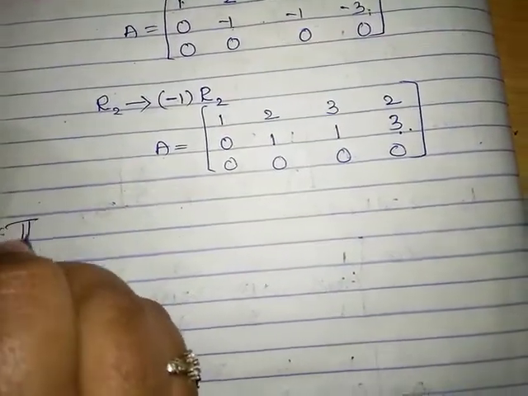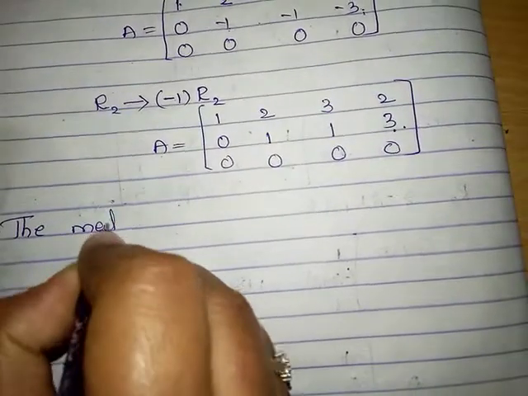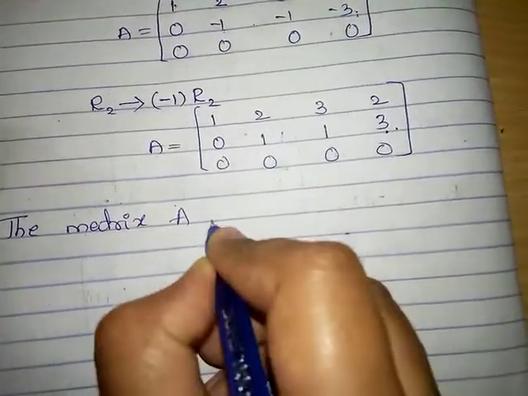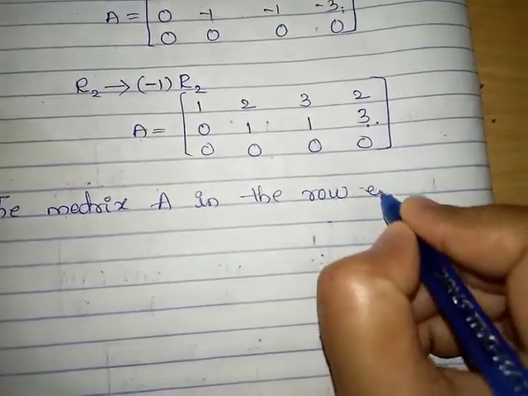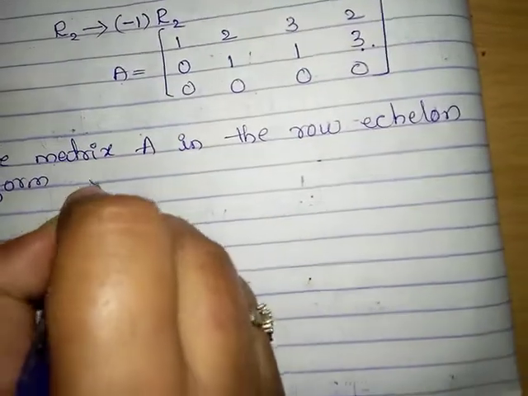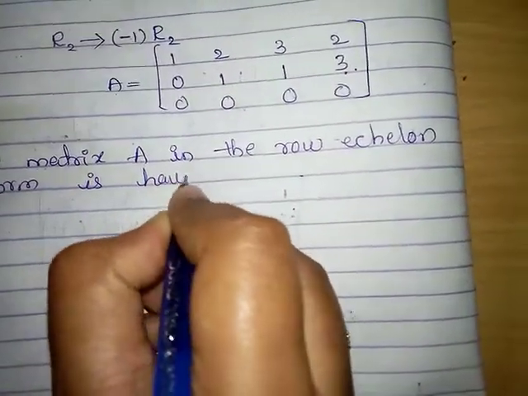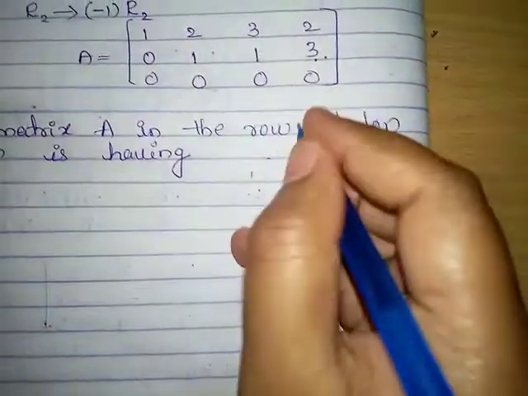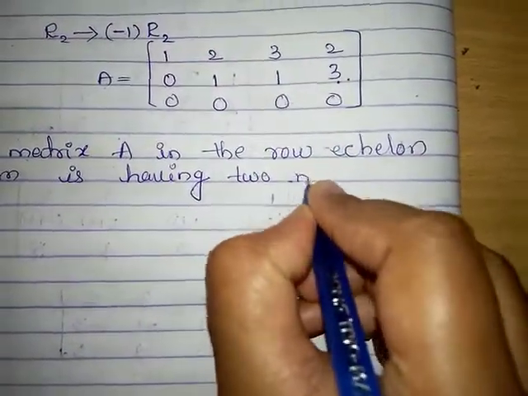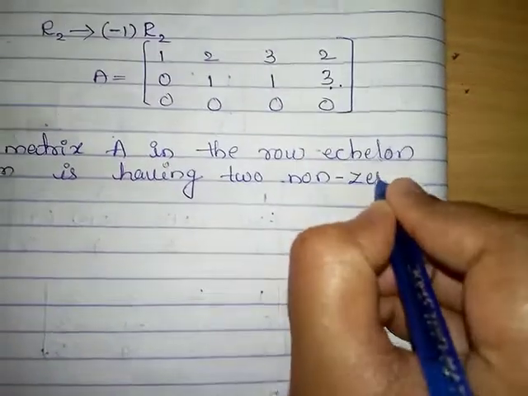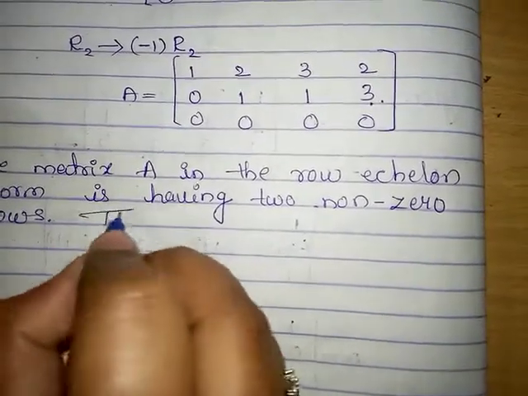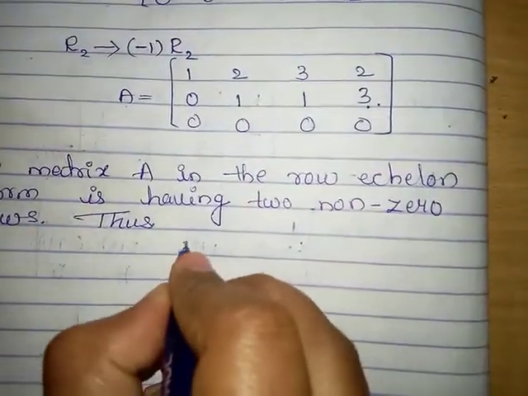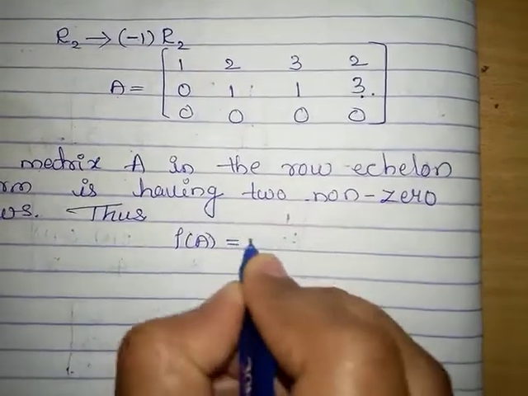Therefore, the matrix A in row echelon form has two non-zero rows, thus rank of A is equal to 2.